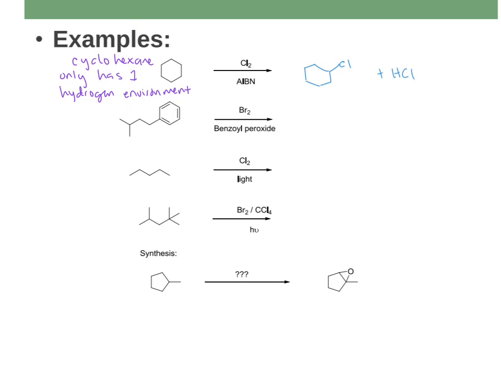Now here we have Br2 and benzoyl peroxide. And I put this example up here because your eye should be drawn real quick to that tertiary carbon. But when we talk about radical stability, it's like the stability of anything else, like cations or anions. And so I also need to pay attention to the fact that this carbon is benzylic, right?